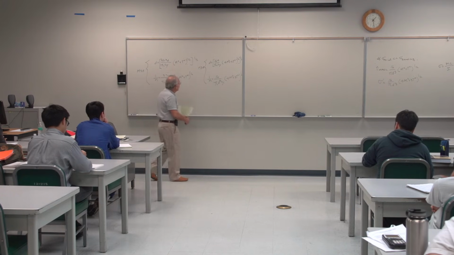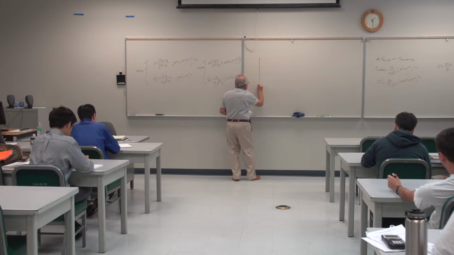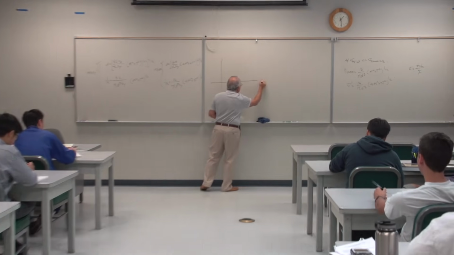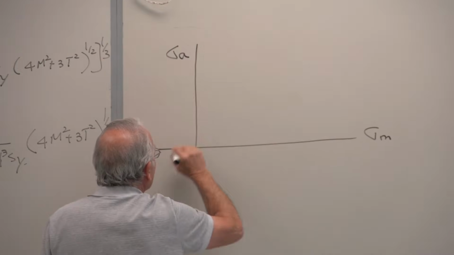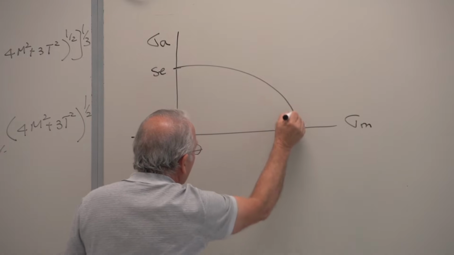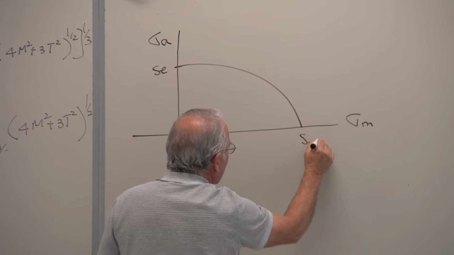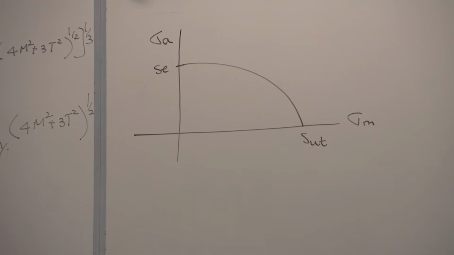So, very similar to what we have done. Failure locus, a failure criterion, and I'll use Gerber now to show you how they find these equations, at least for that one. And then I won't go through the details for the other ones.